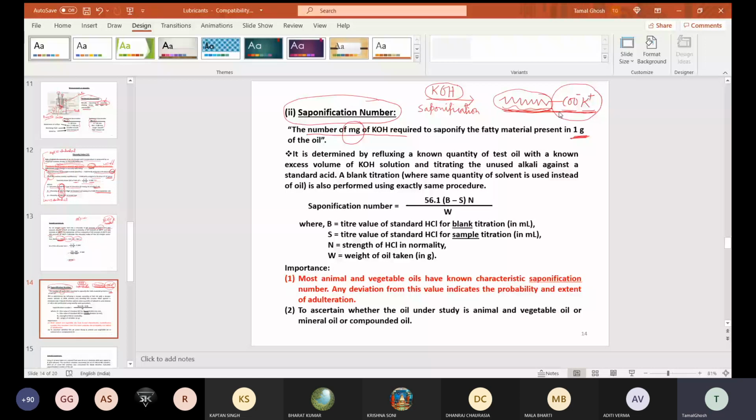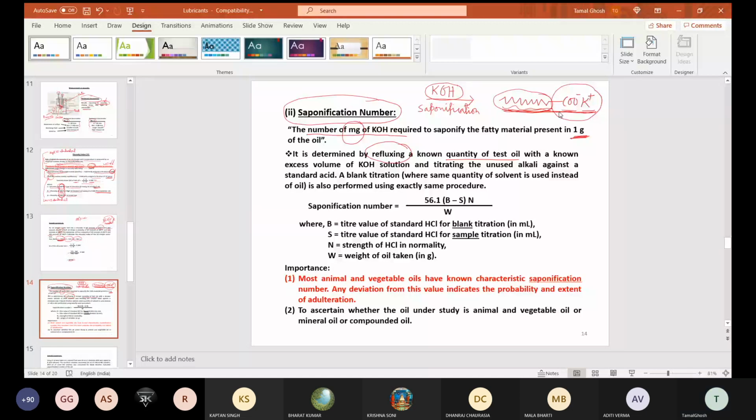This can be determined by the normal burette-pipette titration method. Here it is determined by refluxing a known quantity of test oil. What is reflux? This is when a reaction mixture or solvent is heated in a round bottom flask with a condenser fitted at the top.